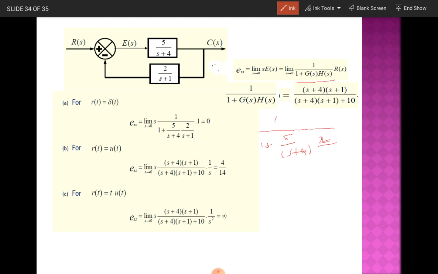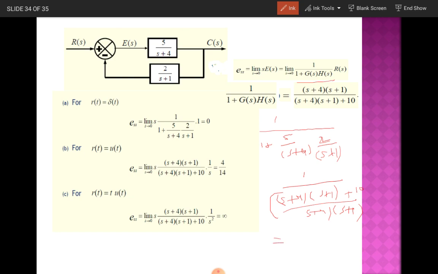Simplifying this, you will get 1 divided by s plus 4 into s plus 1 plus 10, divided by s plus 4 into s plus 1.